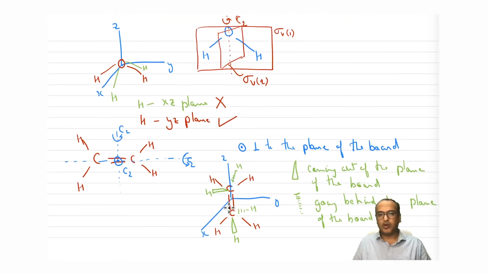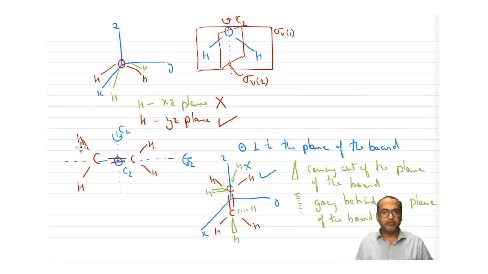In this case also, your x-axis will be perpendicular to the plane. That means the red orientation is the correct one and green is the wrong one. So that's how you're going to define the coordinate system onto a given molecule.